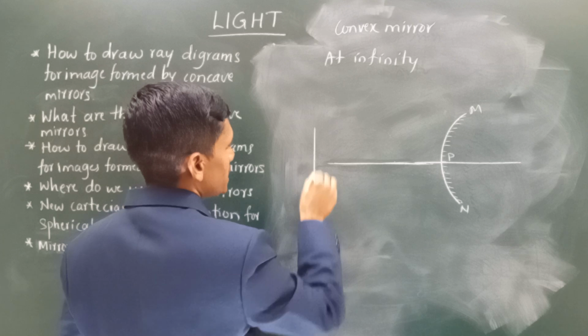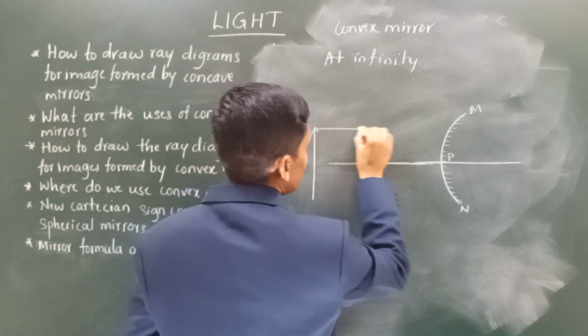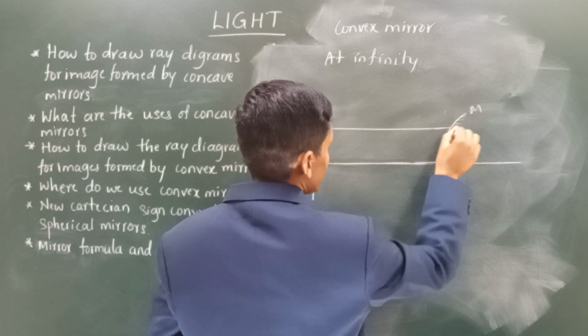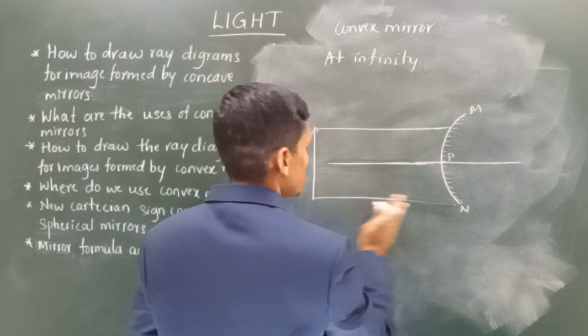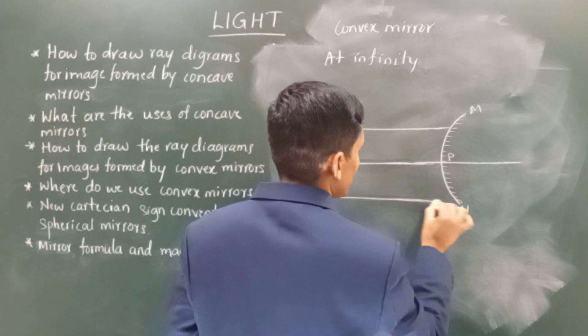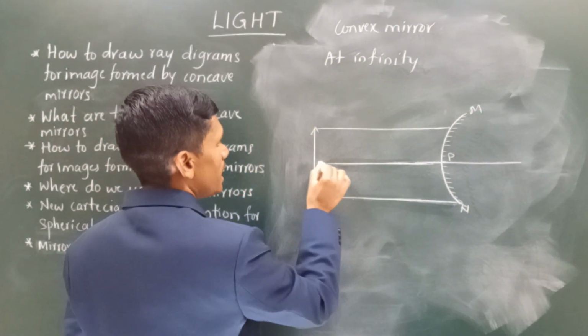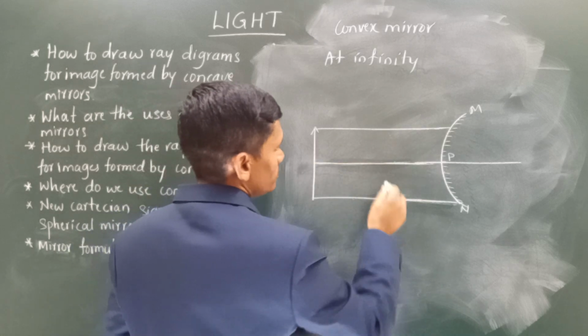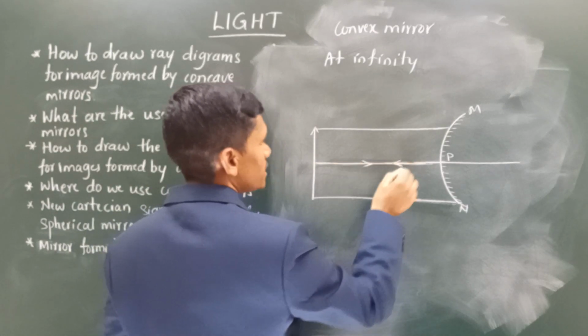When the object is at infinity, you have to consider one ray which is parallel to the principal axis. The other will also be parallel to the principal axis, because when the object is at infinity, the rays coming from that object are considered to be parallel to the principal axis. Now, a ray of light passing along the principal axis returns in the same path.